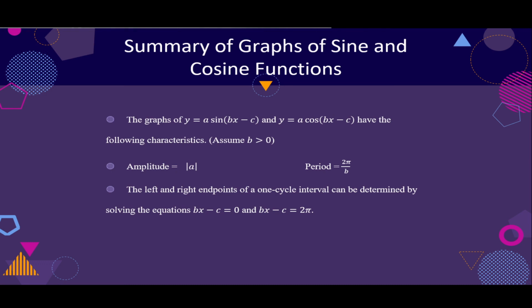The left and right endpoints of one cycle interval can be determined by solving the equations bx minus c equals 0 and bx minus c equals 2 pi. Okay, so you do need to track what your bx minus c equals, okay? That would be the easiest way of solving for our endpoints of one cycle.